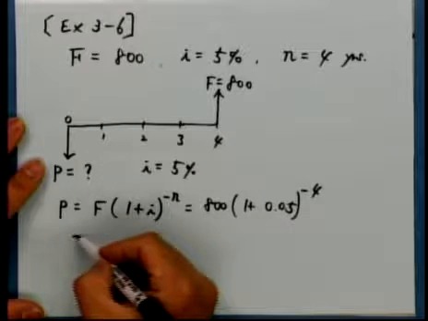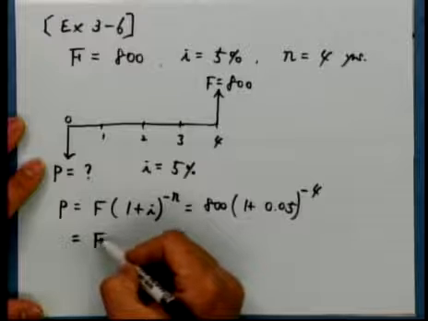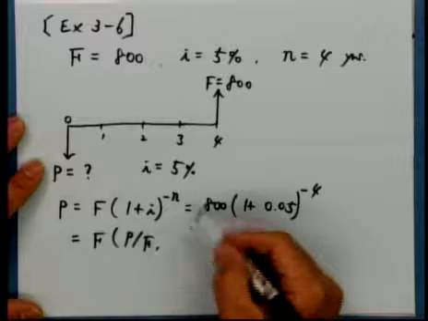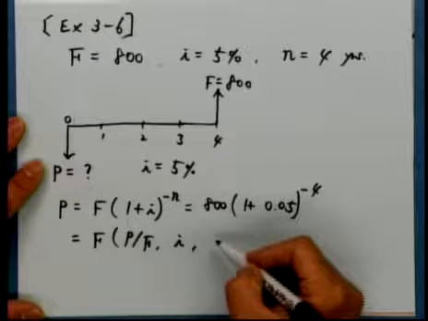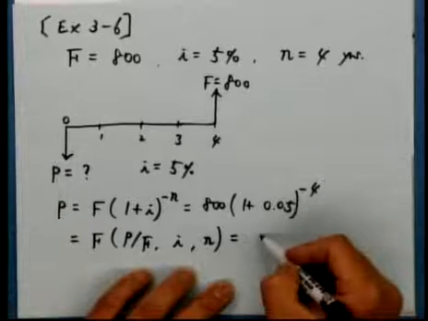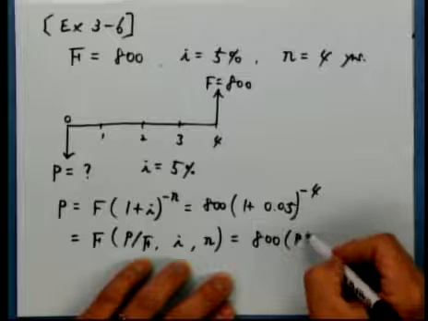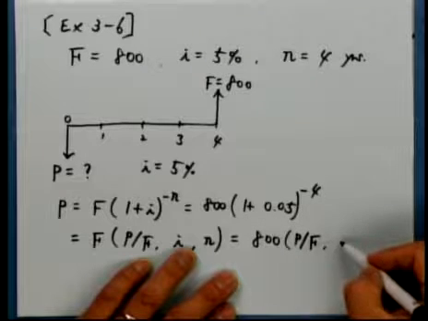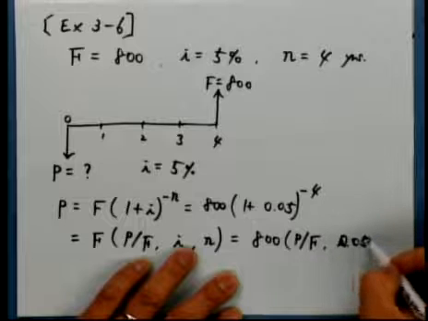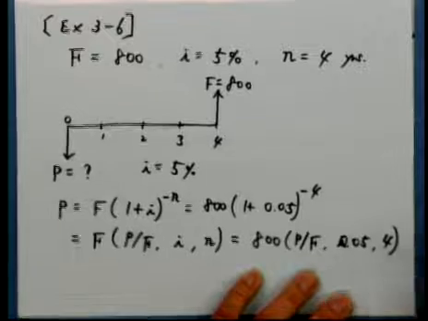And we also learned that this is another expression, P given F at i% over n periods, which is 800 times P given F, sorry, this is 0.05, right, over 4 periods.